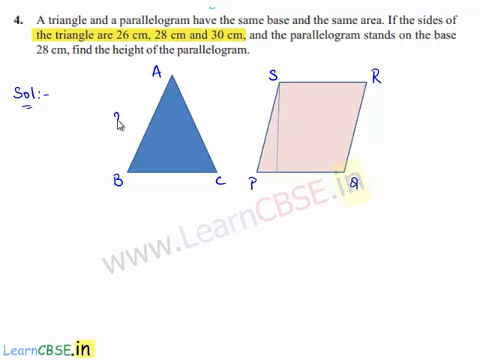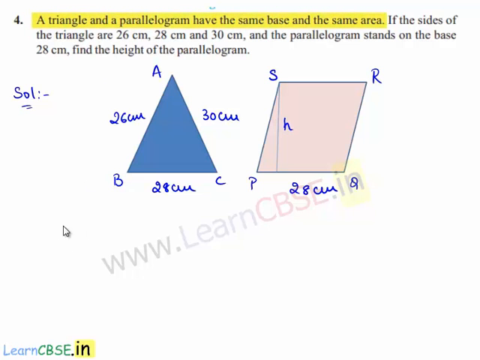So let AB be 26 centimeters, BC be 28 centimeters and AC be 30 centimeters. And also given that the parallelogram stands on the base 28 centimeters, and let the height of the parallelogram be h, which we have to find.